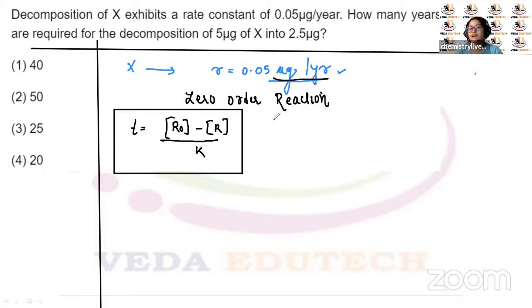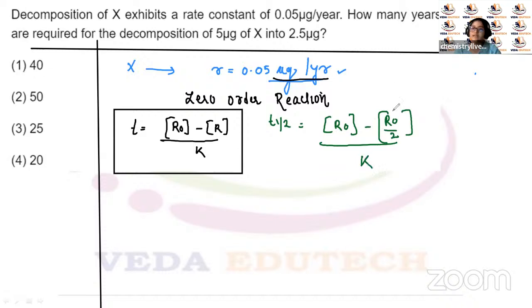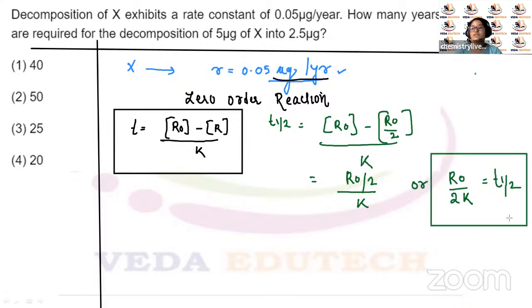Now, talking about the half-life of zero order reaction, initially it will be R naught, but after time T half, this is going to be R naught by 2, divided by K. So can I write this is going to be R naught by 2 by K, or simply R naught by 2K is equal to T half. So R naught by 2K is your half-life for the zero order reaction.